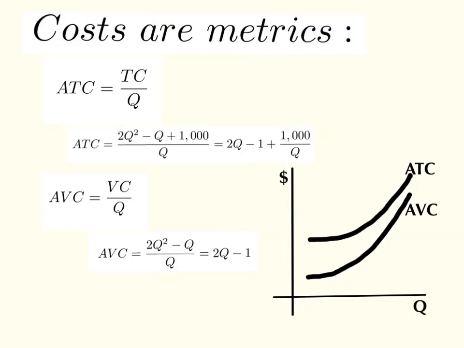And what we're going to find out is that the average total cost and average variable cost curves, while not necessarily being the main decision making components of profit maximizing decisions, are themselves very important curves because they do tell us something about the relative profitability of a firm, or whether the firm should even stay in business.